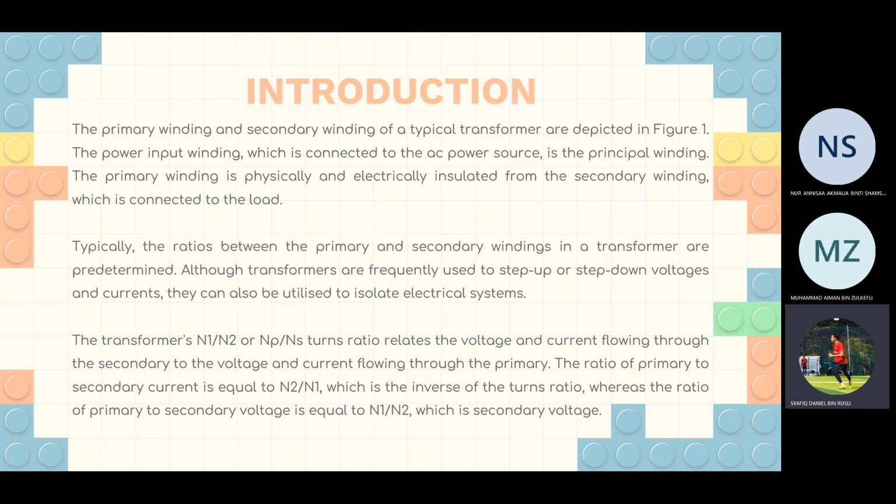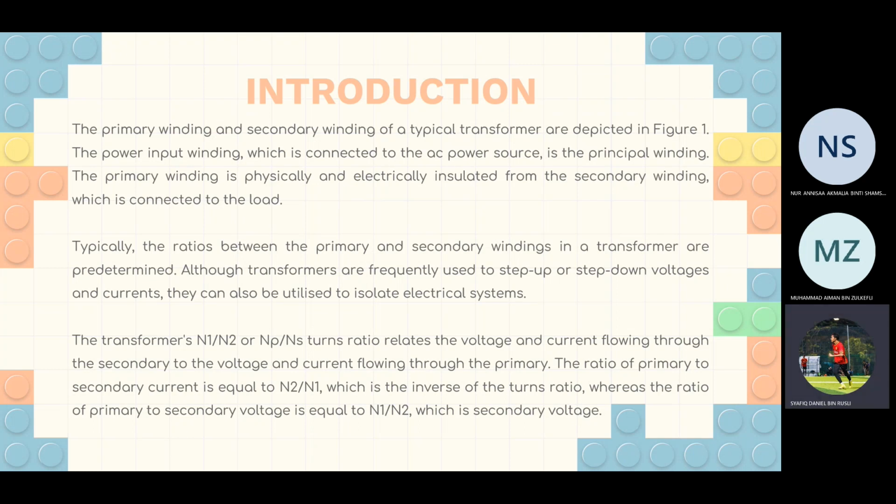The primary winding is physically and electrically insulated from the secondary winding, which is connected to the load. Typically, the ratio between the primary and secondary windings in a transformer is predetermined.